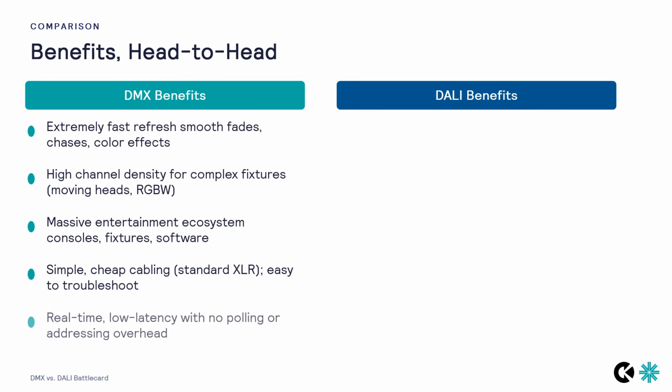On the DMX side, the benefits focus on speed, responsiveness, creative flexibility, and scale. Fast refresh rates support smooth fades, dynamic effects, complex RGBW fixtures, large channel counts, and independently controlled devices operating simultaneously. These capabilities become important whenever lighting is part of the visual experience.